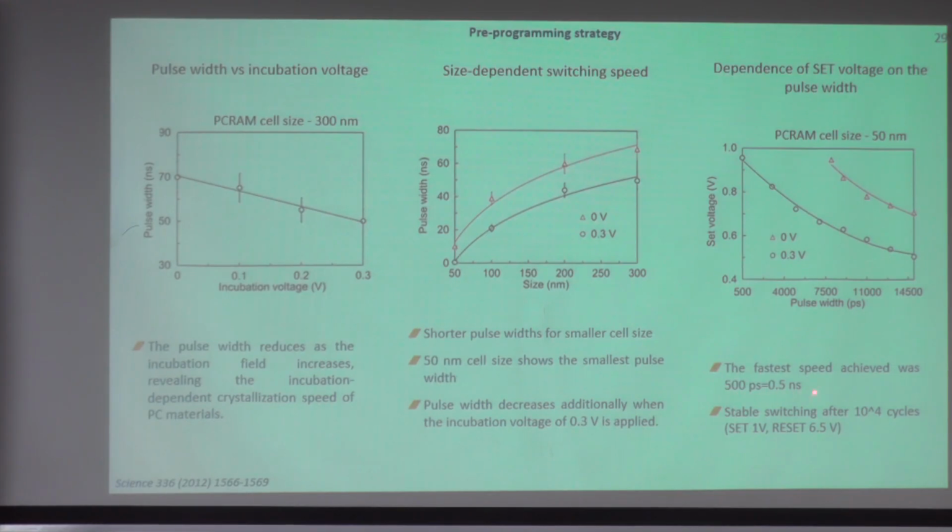We are now in the sub-nanosecond range, which is a requirement for DRAM and SRAM. Also stable switching after 10 to the 4 cycles, with set voltage of 1.1 volt and reset voltage of 6.5. So if you can make pre-ordering of your amorphous phase, you can achieve such nice characteristics of a phase change memory cell.